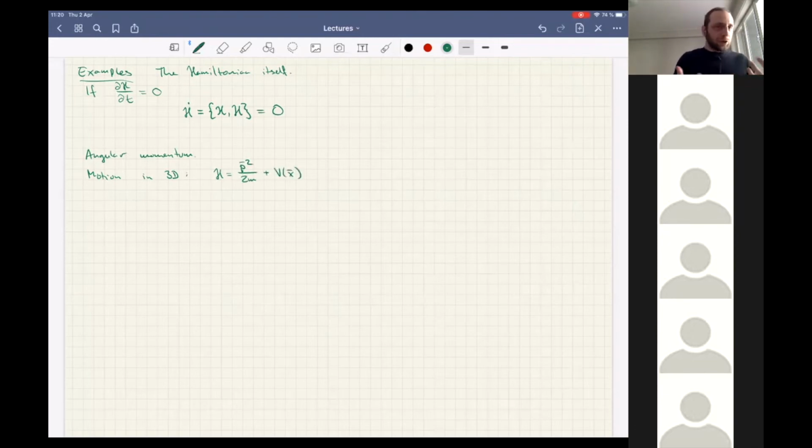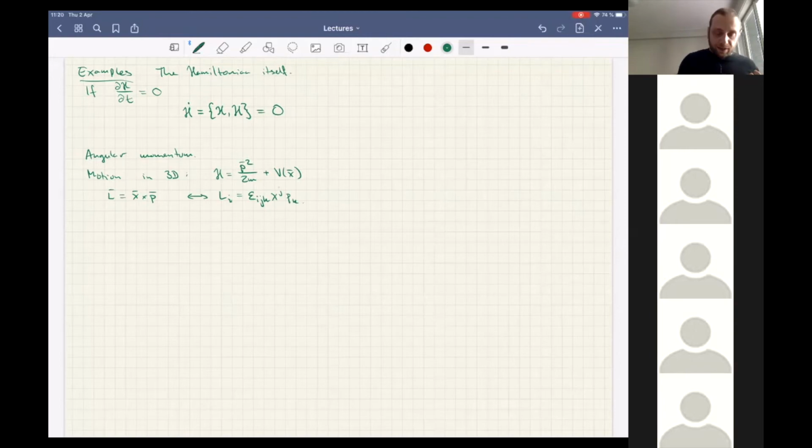So the total energy, essentially, right? And the angular momentum is defined as x cross product with p, or if you will, in terms of components, L_i is epsilon_ijk x_j p_k.